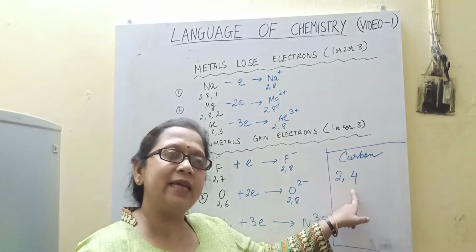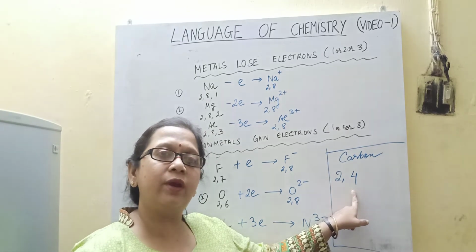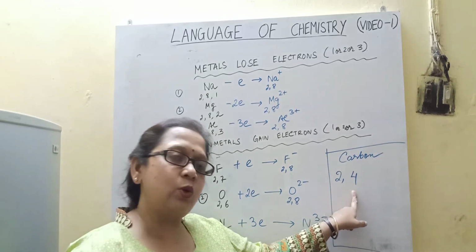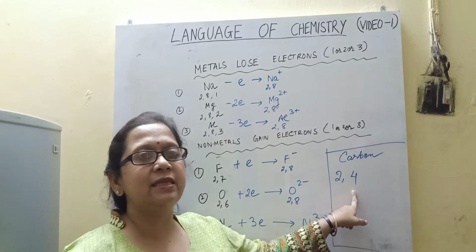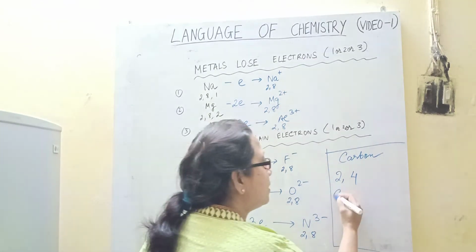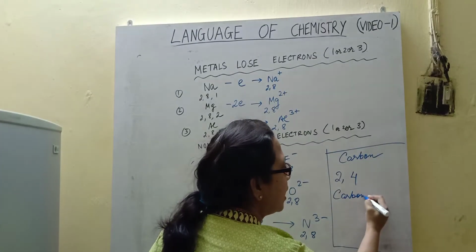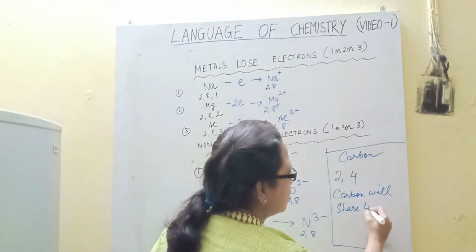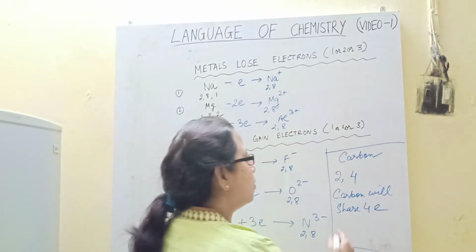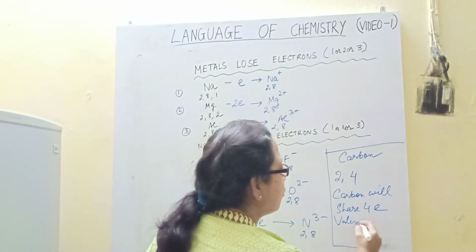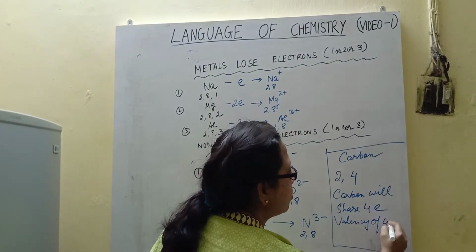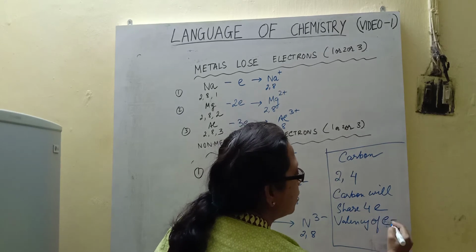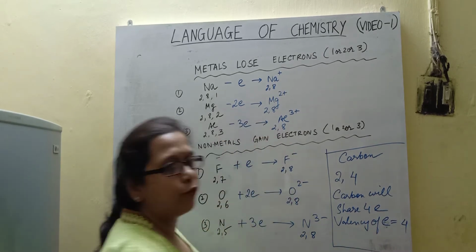So it will attain an octet by sharing 4 electrons. So this is how its valency becomes 4. So carbon will share 4 electrons, and that is how the valency of carbon is equal to 4.